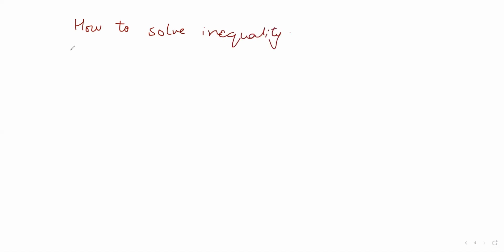If I give you a very simple inequality, x plus 3 is less than 8, how are you going to solve it? This is very simple, as we solve the normal equation x plus 3 is equal to 8. So x is equal to 8 minus 3, x is equal to 5. So x is less than 5.